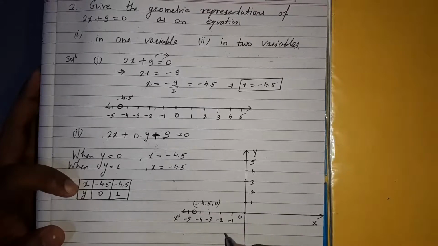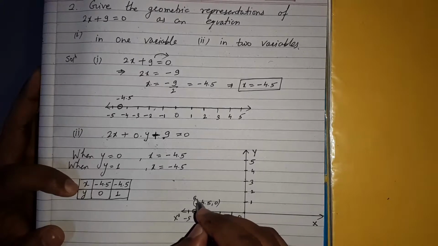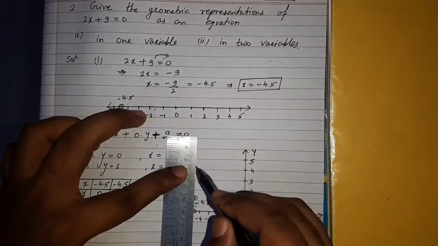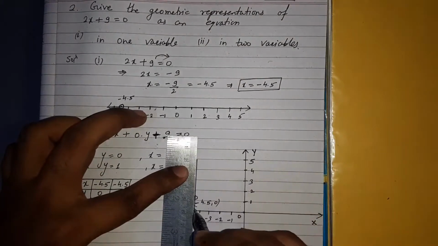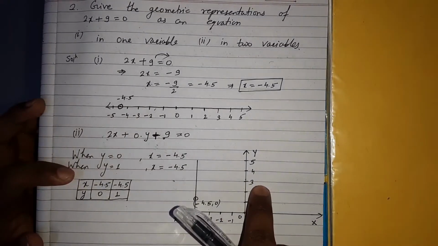The second one is x is equal to minus 4.5 and y is equal to 1, so it will lie here. Now we will join these two points, and then we will get a straight line. You can see that this line is parallel to the y axis.